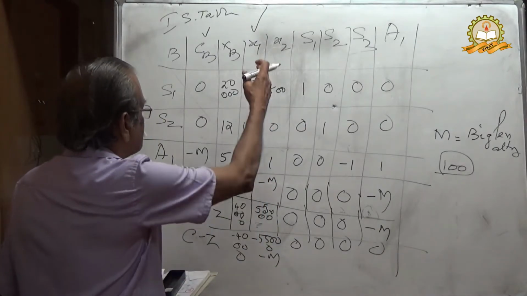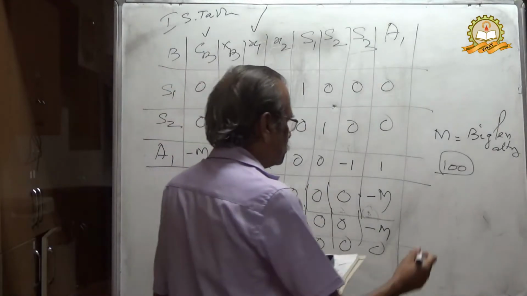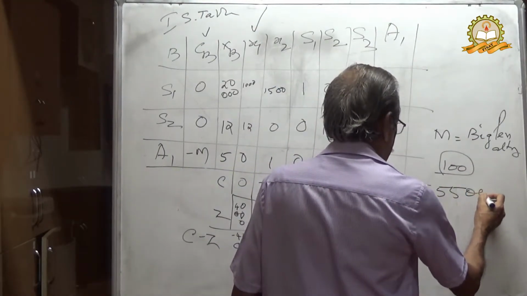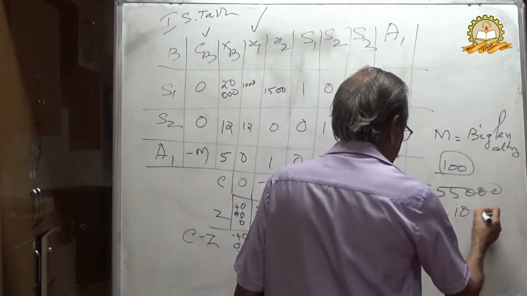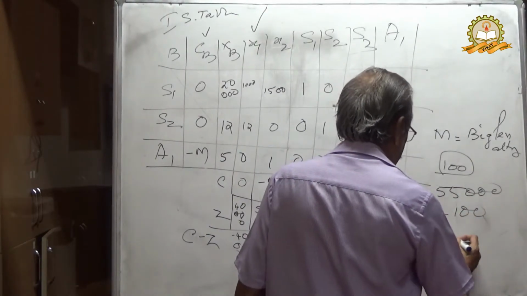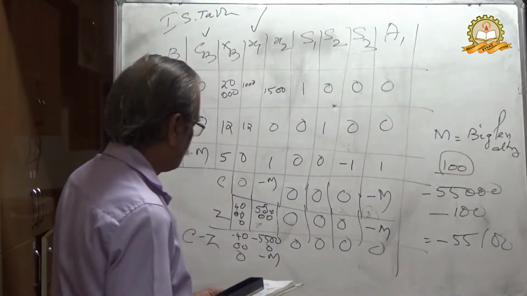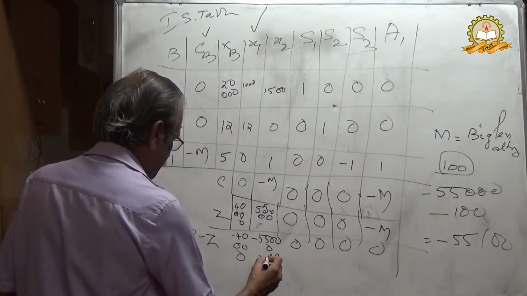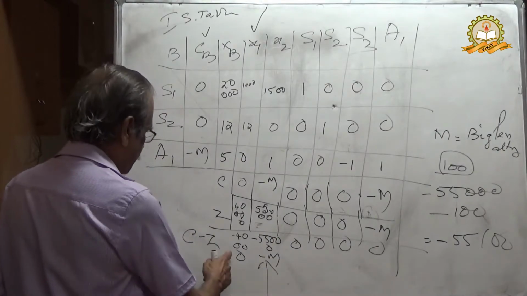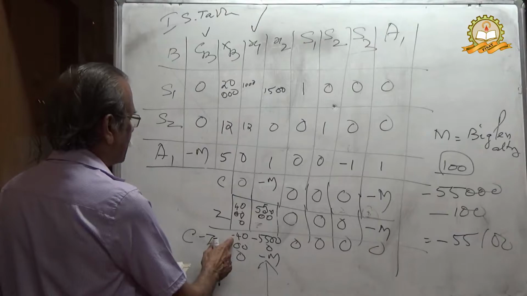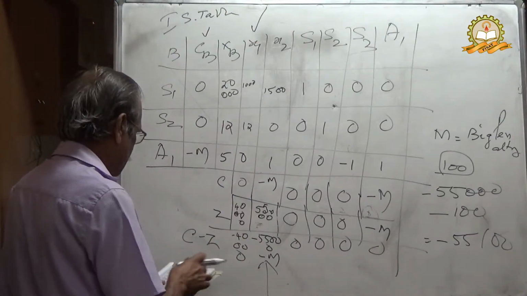Therefore, you consider the column x2: 55,000 minus 100 equal to negative 55,100. And here in the x1 column, it is only negative 40,000.